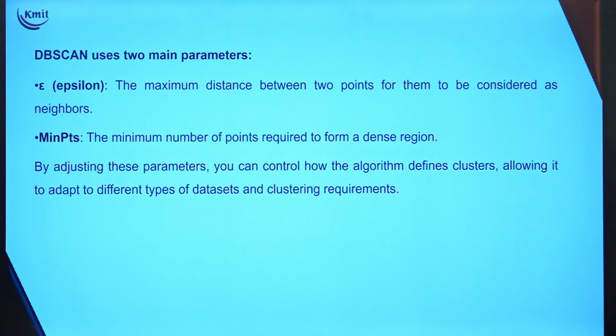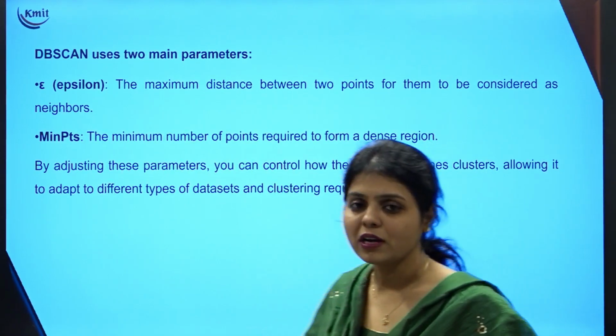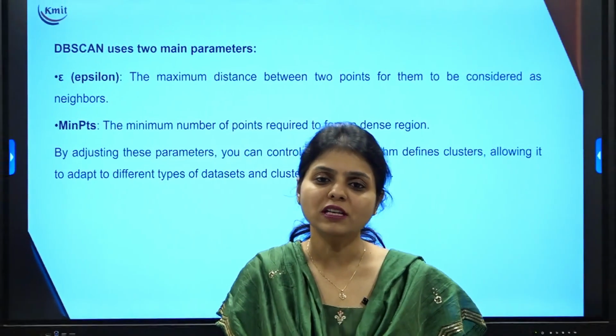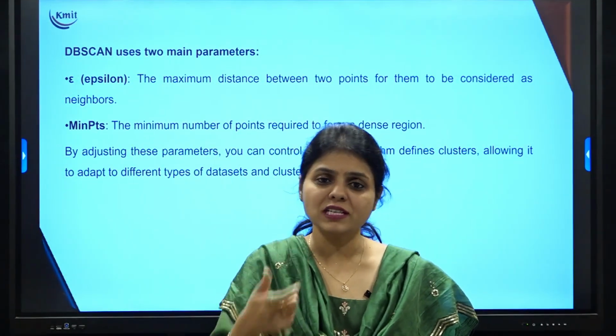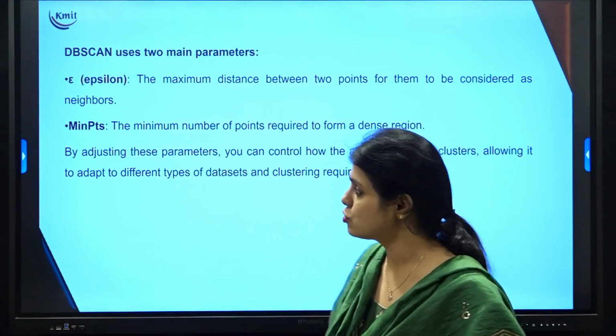By adjusting these two parameters, epsilon and minimum points, you can control how the algorithm defines clusters, adapting it to find different types of data sets. The entire data would be divided into different numbers of clusters based on how we define epsilon and min points. These are the adjustable parameters that define how your DBSCAN algorithm is going to work.